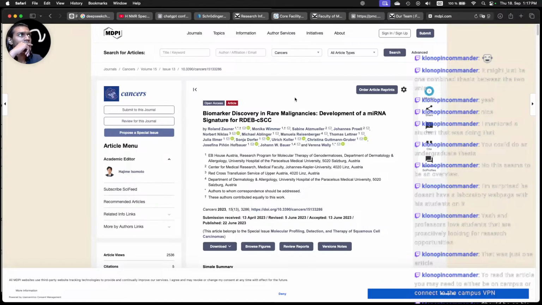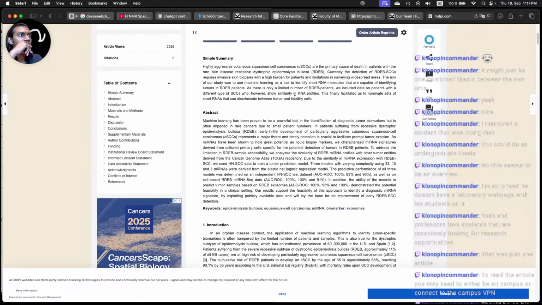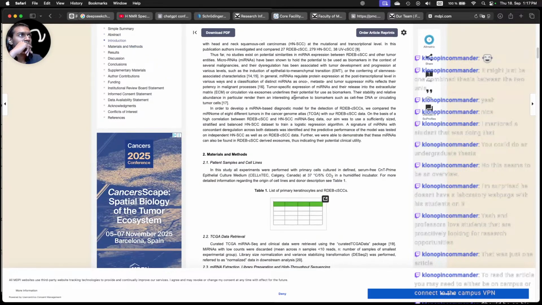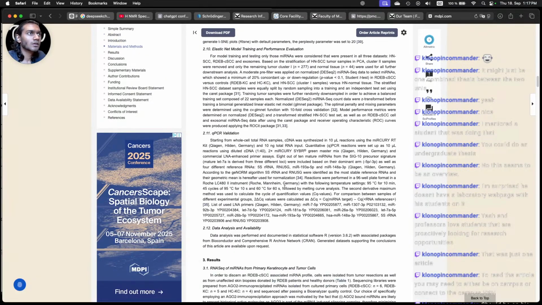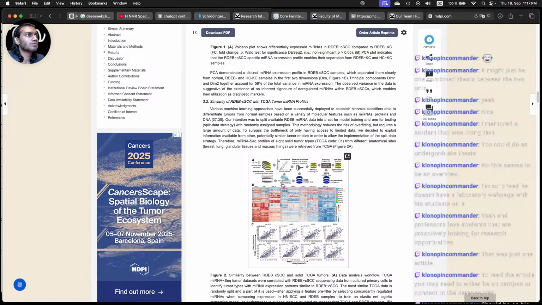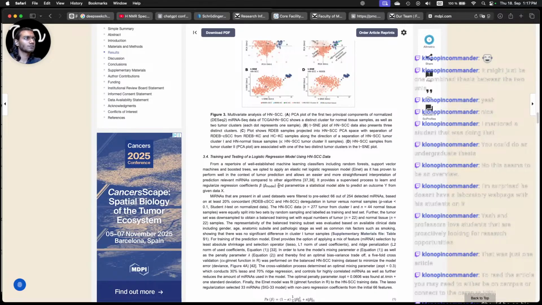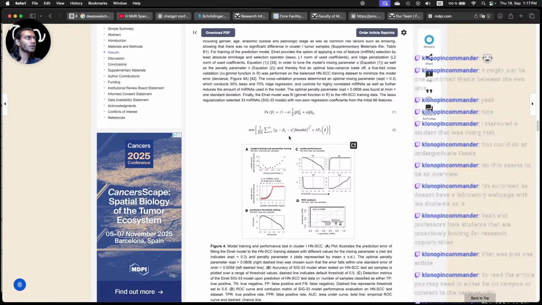We got a formula. What? The optimal penalty parameter.